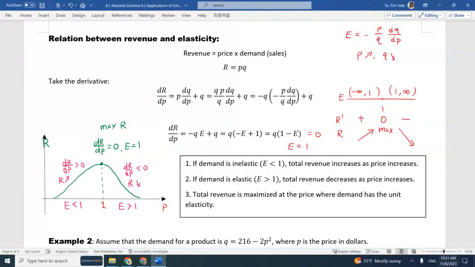And then that's why here dQ/dP, because Q decreases, is negative, right, everybody? Because your function is decreasing, it means the slope is negative. Therefore, we have a negative here and we have a negative here, so E is positive. Your P is positive, Q is positive, but dQ/dP is negative.